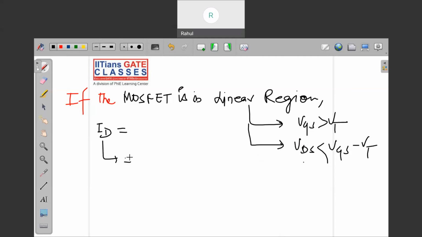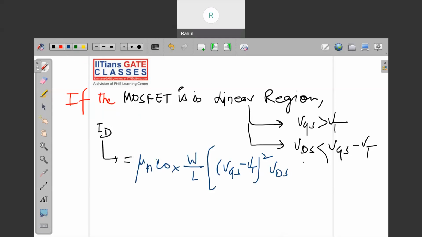ID will be equal to, let me tell you, mu n Cox W by L, VGS minus VT times VDS minus VDS square by 2.